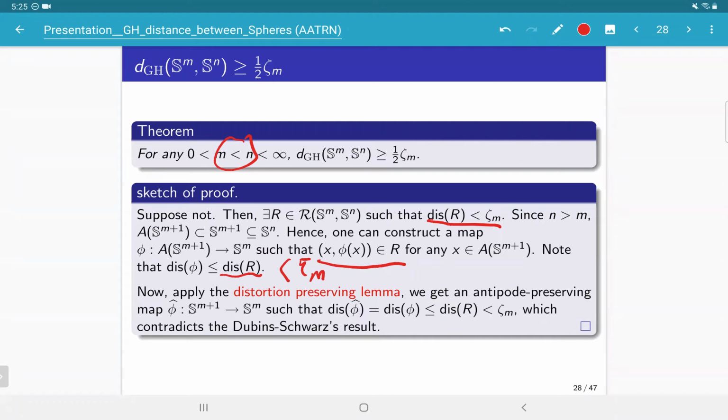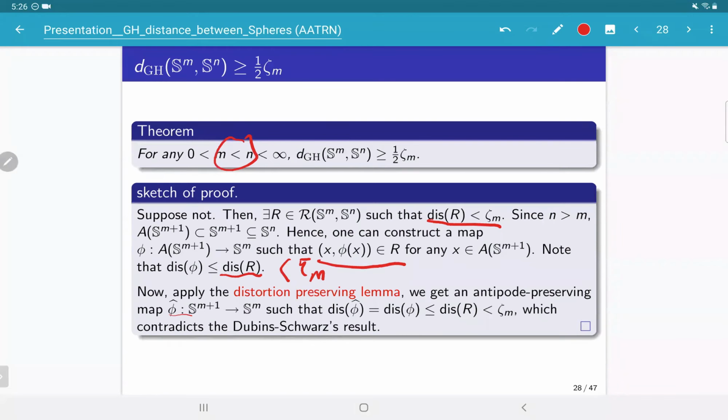And that contradicts the Dubins and Schwarz Borsuk-Ulam theorem, because the Dubins and Schwarz result says that any map from S^(m+1) to S^m which is antipode preserving must have distortion greater than or equal to zeta sub m. More precisely, it has modulus of discontinuity greater than or equal to zeta sub m. Therefore, its distortion must also be greater than or equal to zeta sub m.